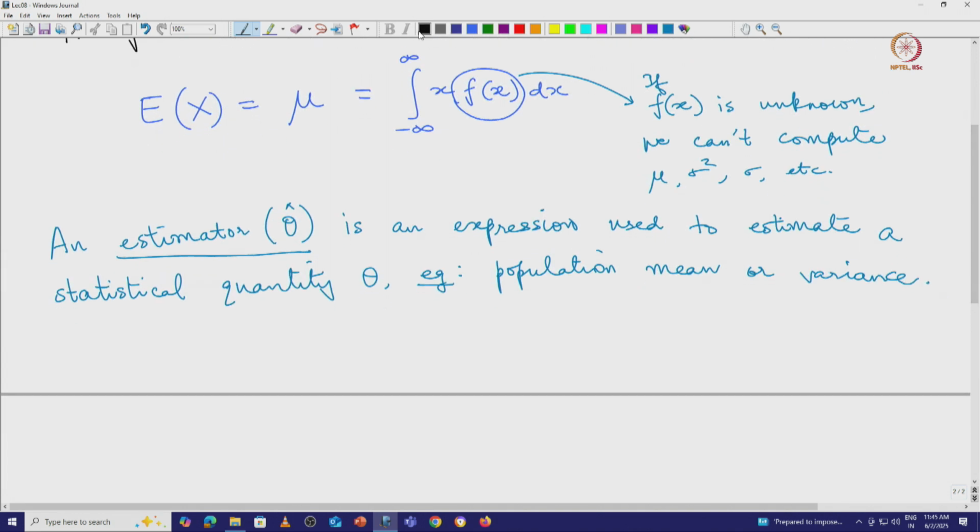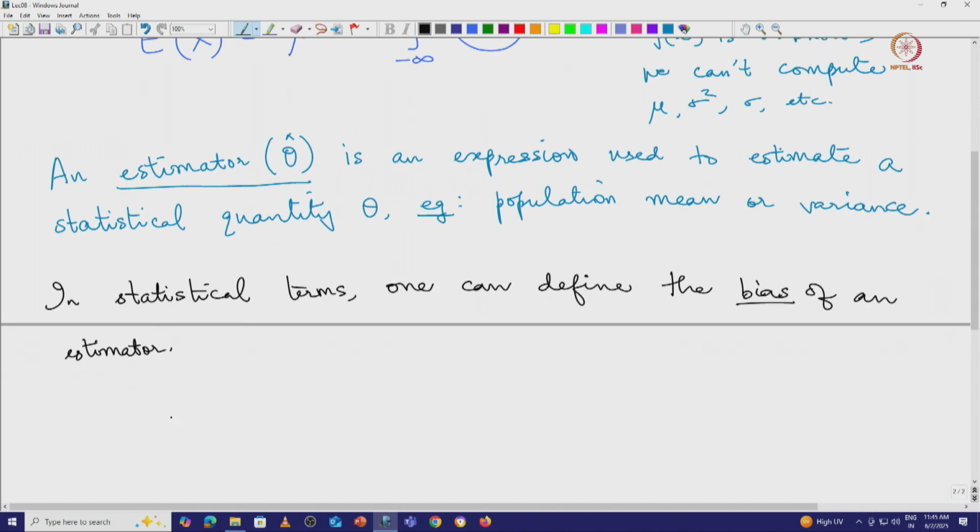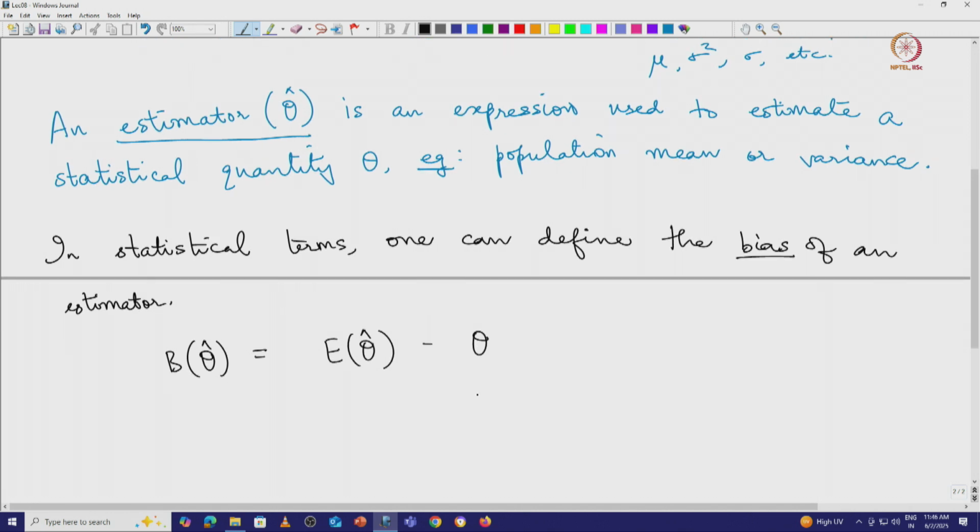So, this bias, which is denoted as B of theta hat, is simply the expected value of theta hat minus the actual value of the quantity being estimated, right.